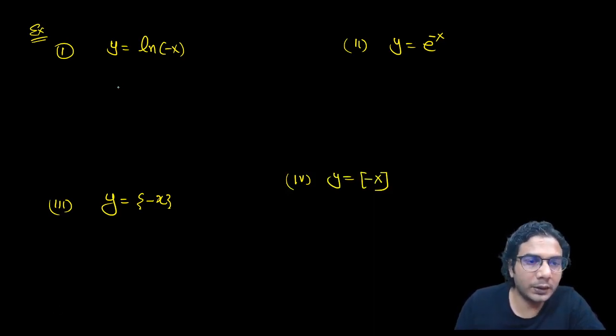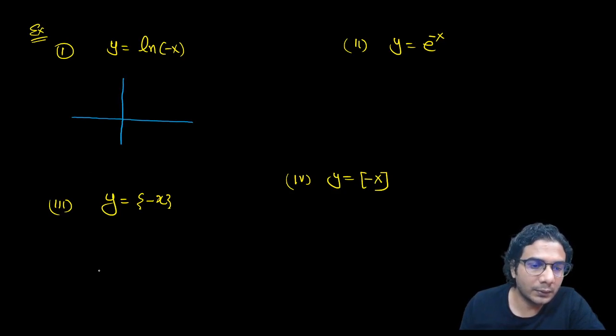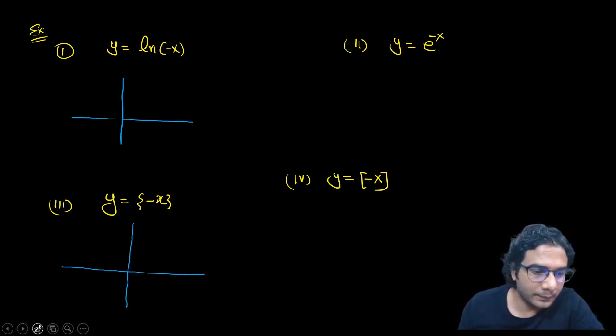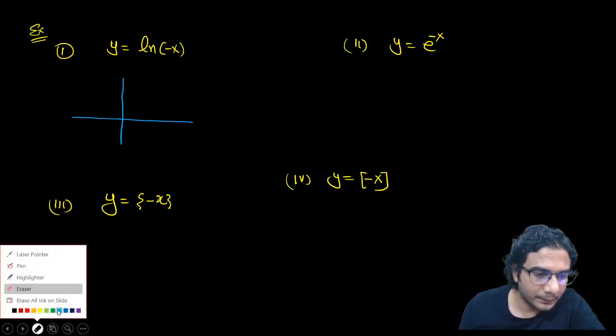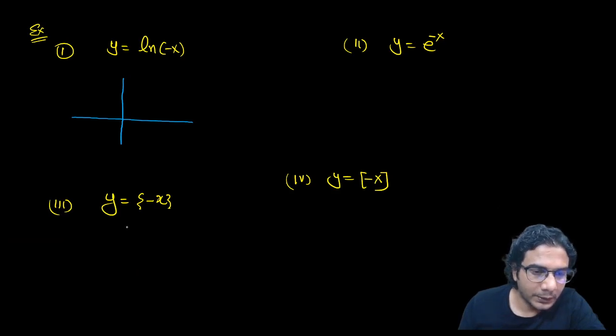Now first plot the x and y axes. We need to plot the base graphs first of all. Base graphs means without the minus sign.